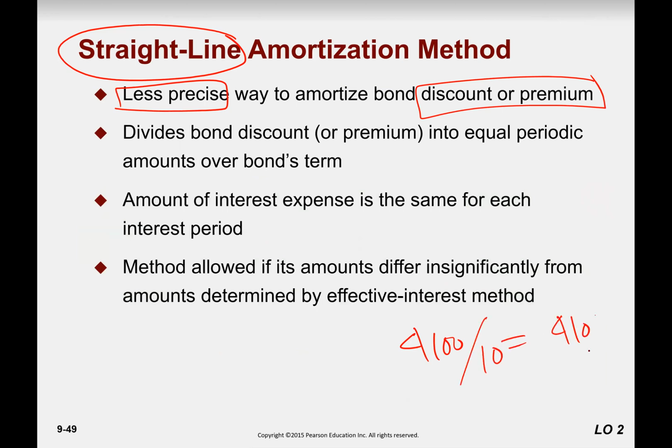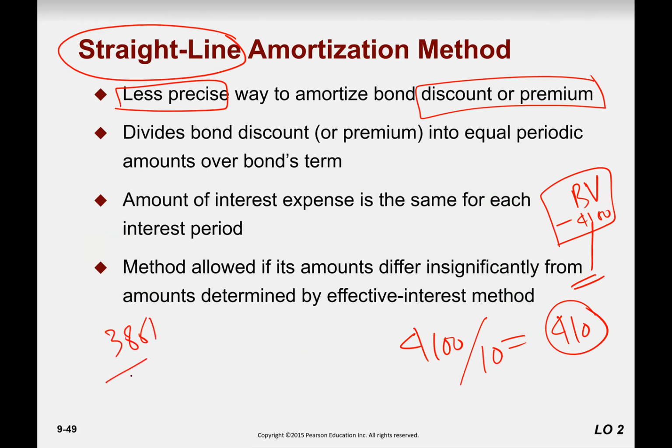So every payment includes 410. This is premium, so this 410 would be less from the bond value every time. That's it. If this is the discount 3,861, it is divided by 10. Answer would be 386.1. That would be added to every bond value.